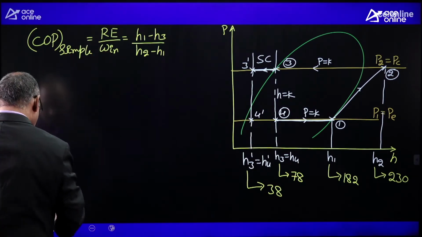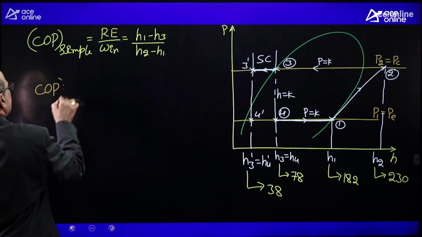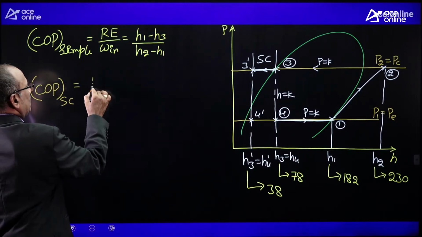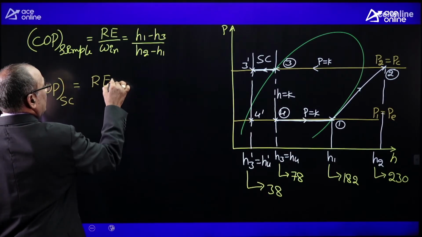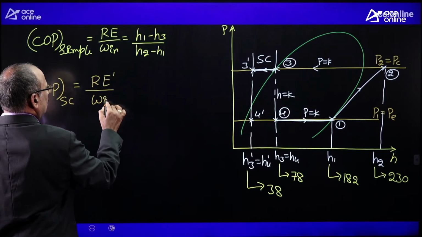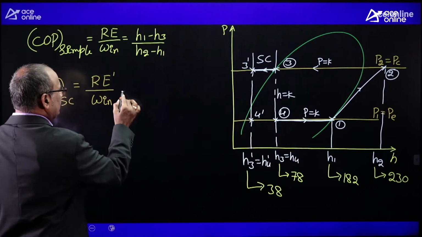But our cycle is a subcooling cycle. The COP of the subcooling refrigeration cycle equals the new refrigeration effect RE dash divided by work input. Work input cannot be changed, but the refrigeration effect is changing.